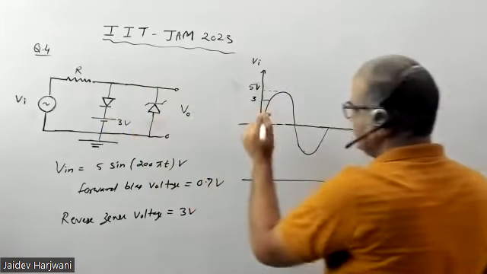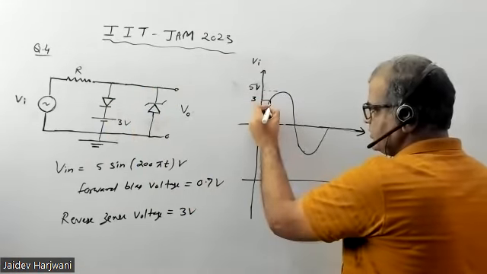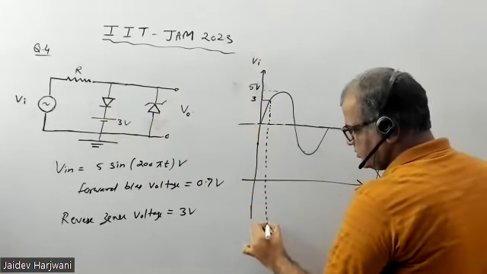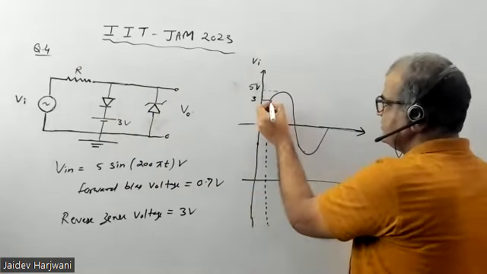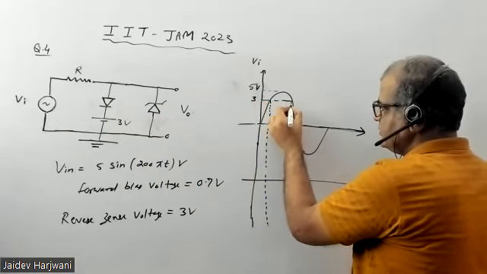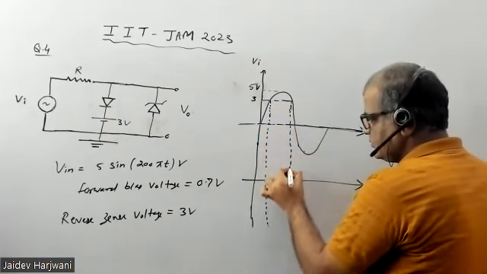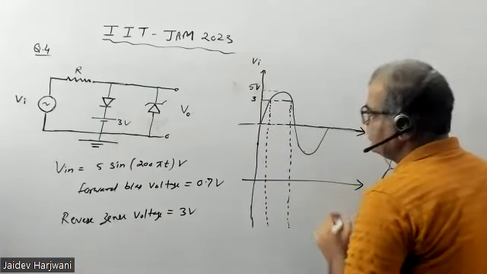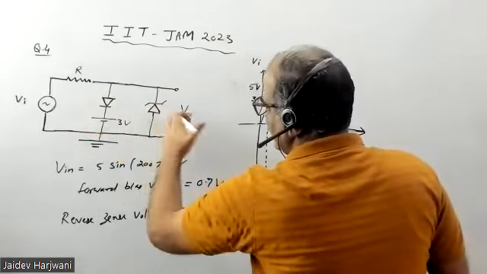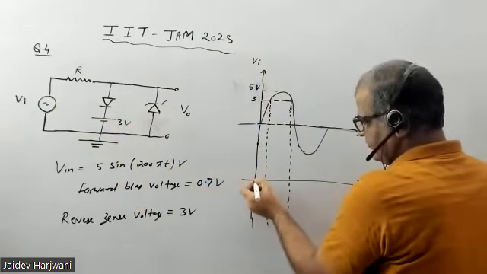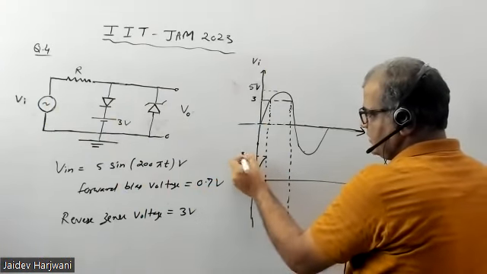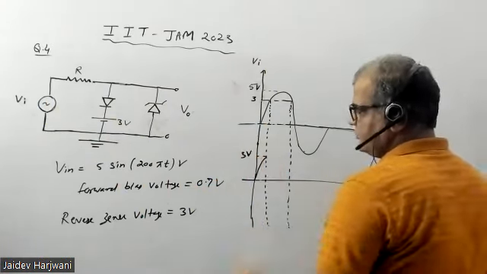So before 3 volts, if I draw my output, up to 3 volts I'll get V output equal to V input as it is. Up to 3 volts, I'll get this exactly equal to 3 volts.